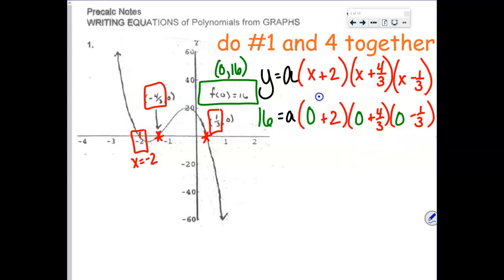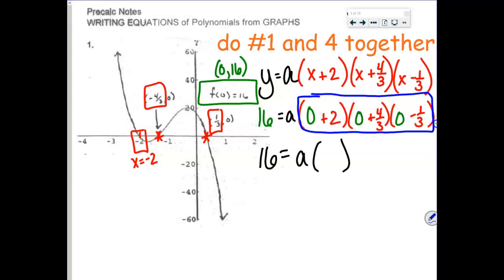All right, multiply these together for me. I think you get negative 8/9, but someone double check that.